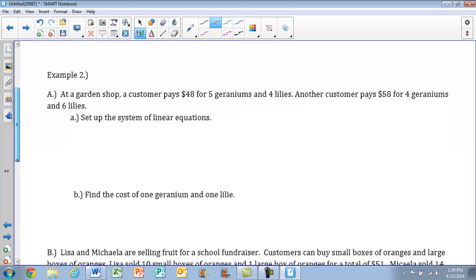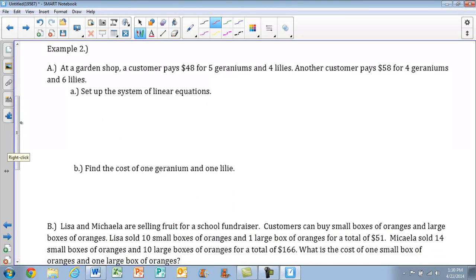Now, taking a look at example 2, it says at a garden shop, a customer pays $48 for 5 geraniums and 4 lilies, and then another customer pays $58 for 4 geraniums and 6 lilies. So again, we need to set up our system of linear equations.